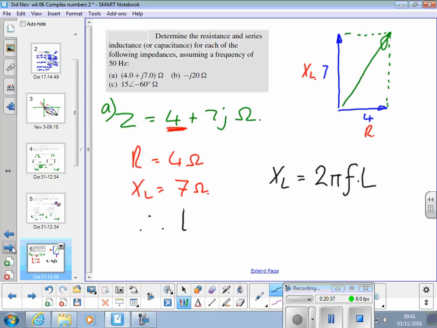Therefore L, the question's asking for the inductance or capacitance.